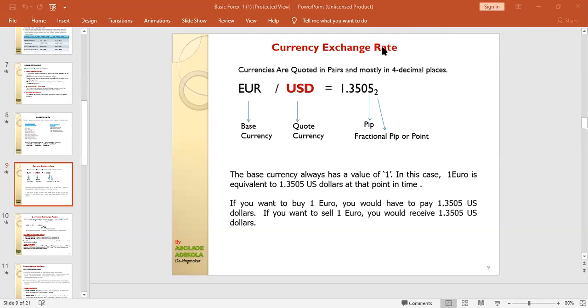So a quick recap. Yesterday we talked about currency exchange. As you can see right in front of you, the first currency on the left is called the base currency. Okay, while the second one is called the quote currency.